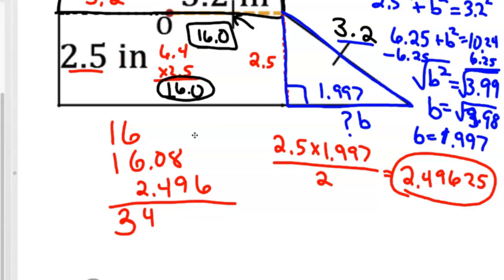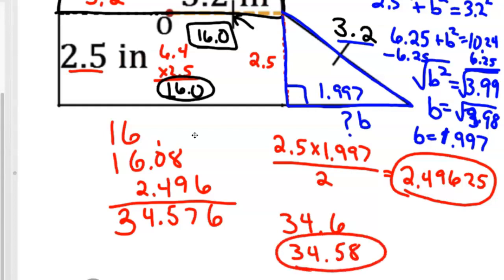So 34.5, and I'm kind of adding ahead of time here. So 9 and 8 is 17, you know, so 34.576. So, you know, if you're probably entering this online, you're looking at maybe a 34.6, or maybe you have to enter to the hundredths, so 34.58. But that's your area.